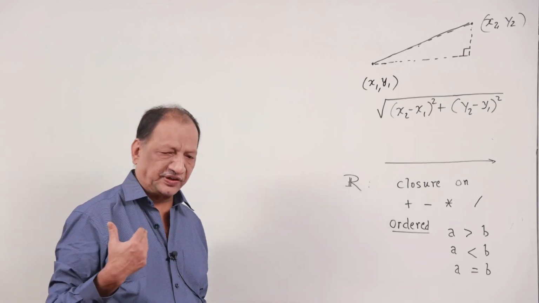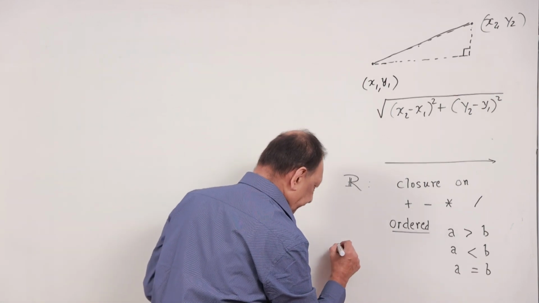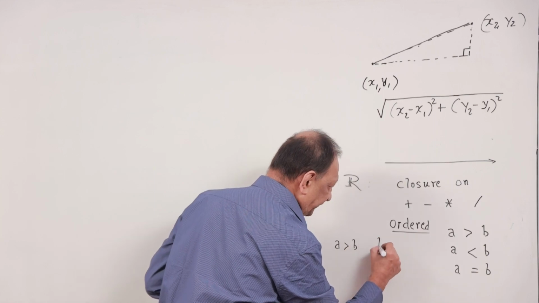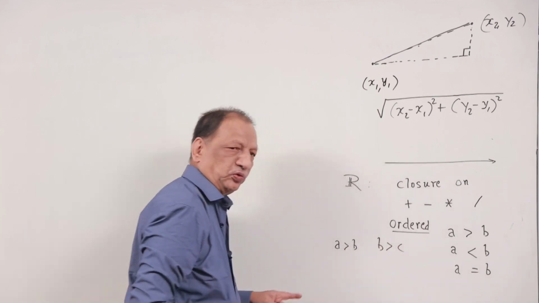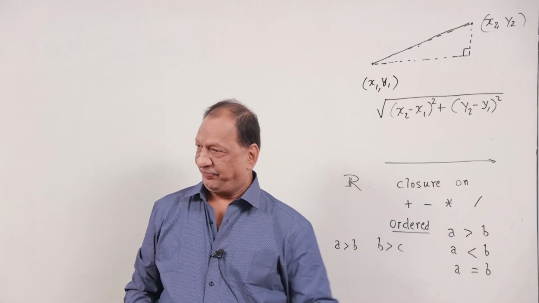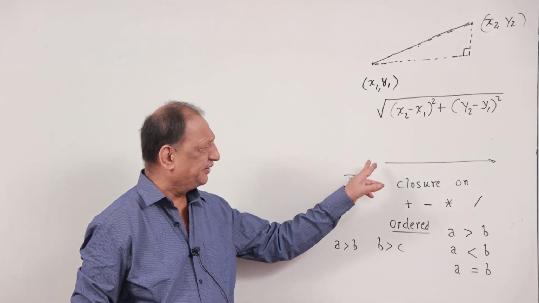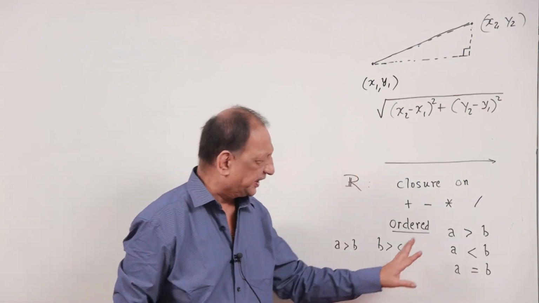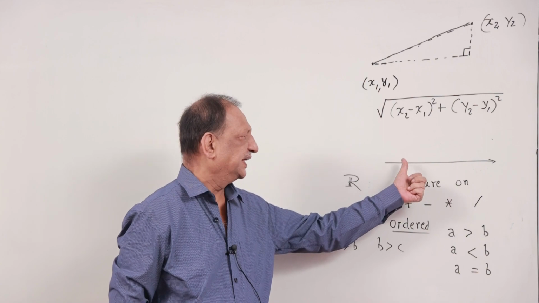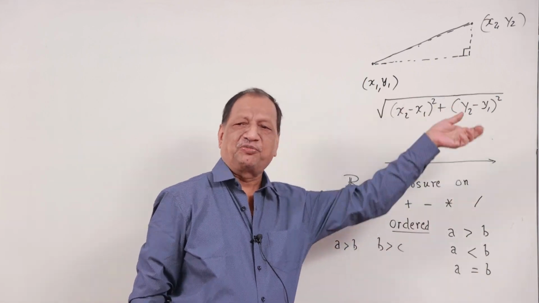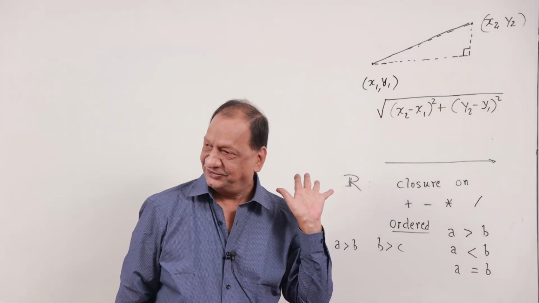And ordering is transitive also. That means if A is greater than B and B is greater than C, if both are true, then A must be greater than C. Now that follows immediately from the geometric representation, because when you have 2 points A and B, either A is to the left of B or to the right of B or in the same place as B. You understand?